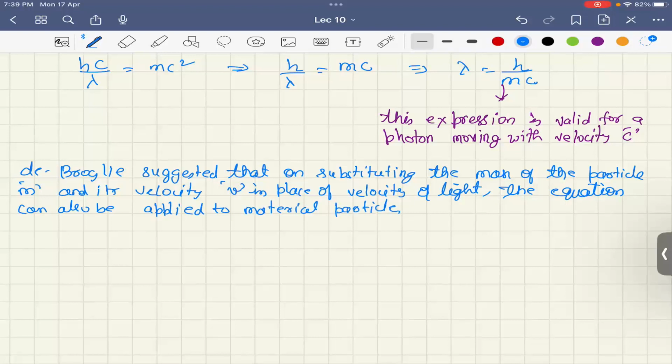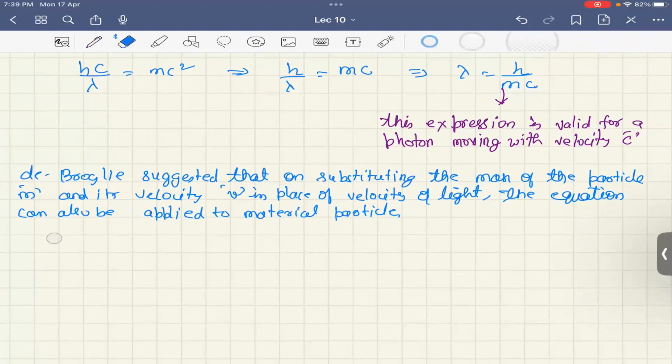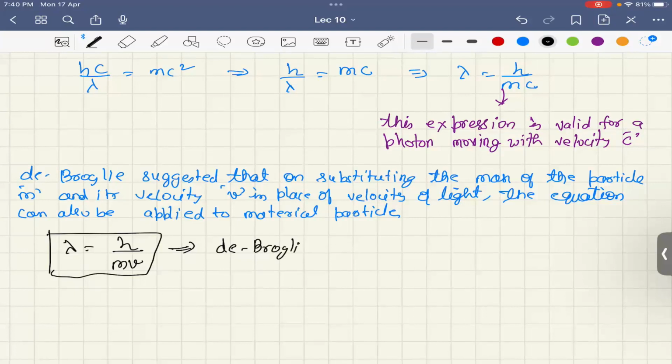And the expression then will become lambda is equal to h by m into v, right? This expression is known as de Broglie's equation, right?